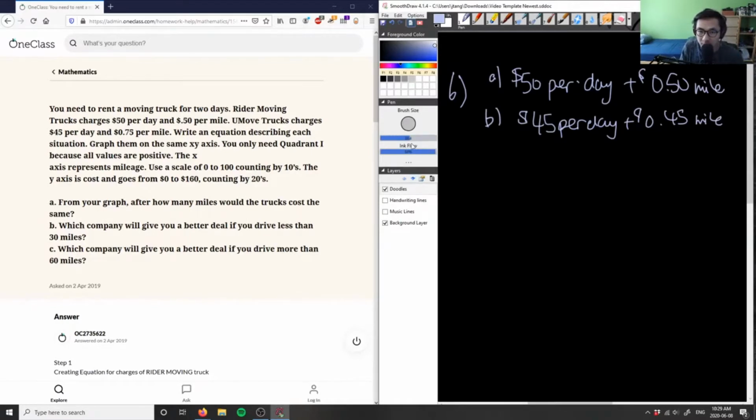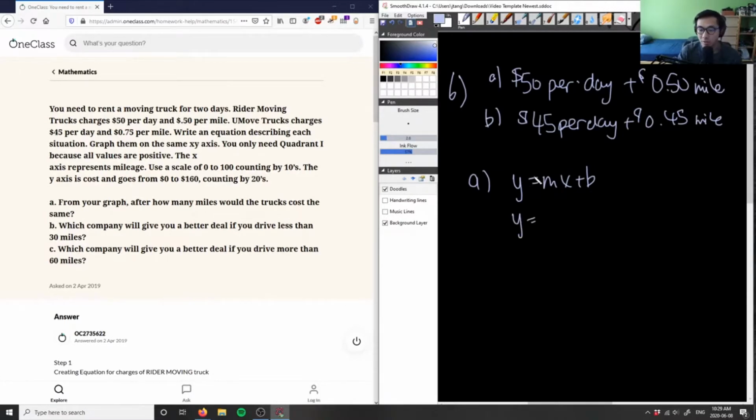A is $50 a day. So we can write this in terms of the standard form of a linear equation, y equals mx plus b. Y is going to equal the slope, which is m.